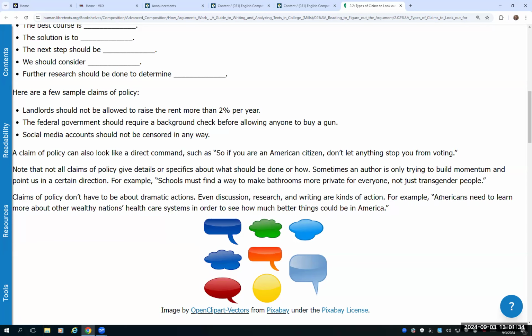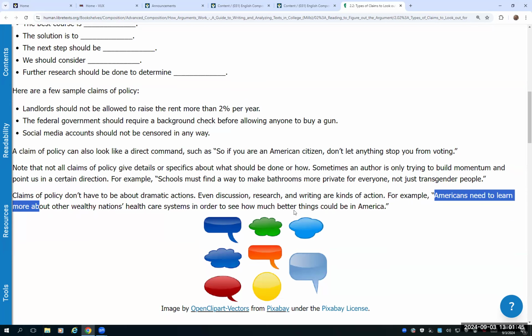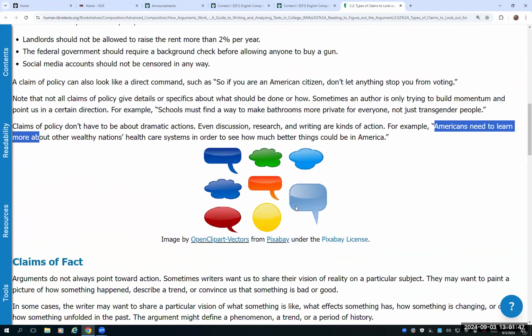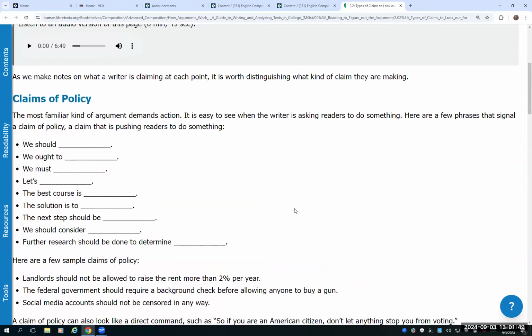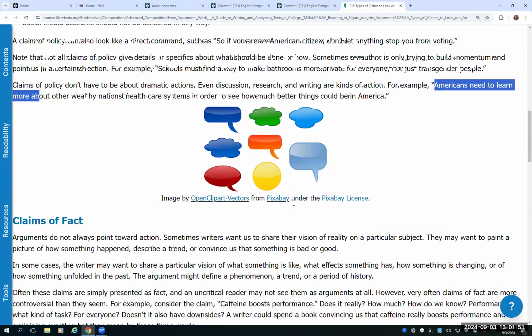So here they're saying Americans need to learn more. Again, that's not a dramatic action, just something not necessarily specific. All right, so those are claims of policy.